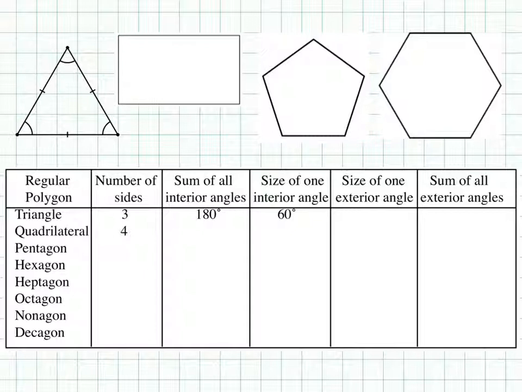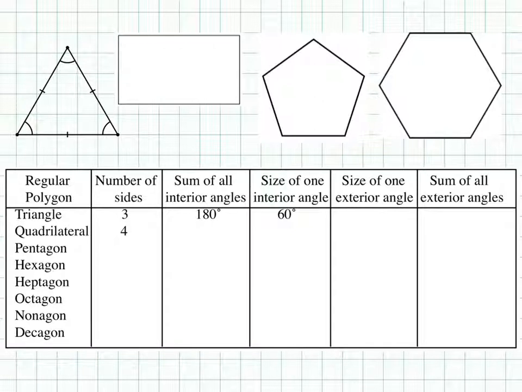Now, time for us to look at a situation here. Now, here I've got a table you've seen before in my previous video. I've got shapes going all the way to a decagon, number of sides, the sum of all the interior angles in that shape, the size of one of my interior angles, the size of one of my exterior angles, and the sum of all my exterior angles.